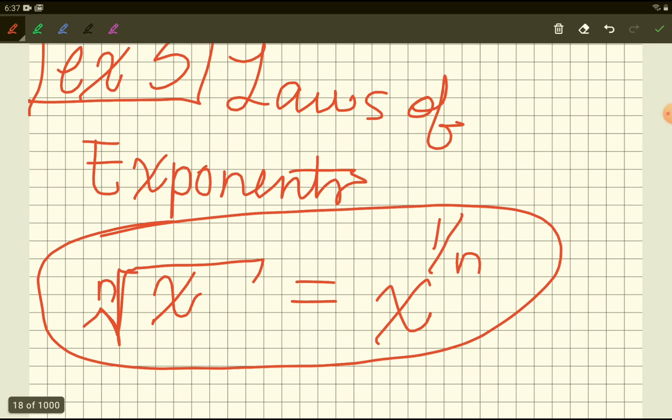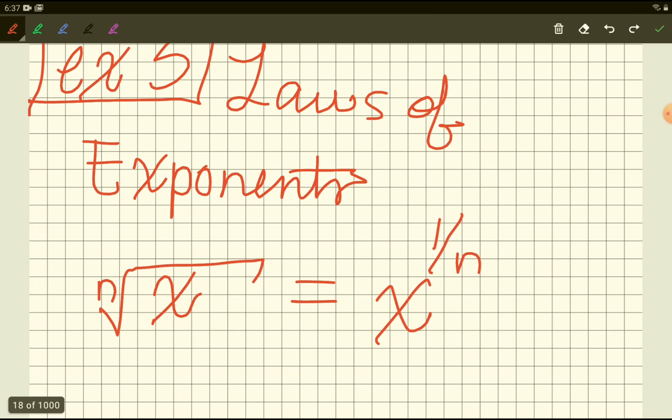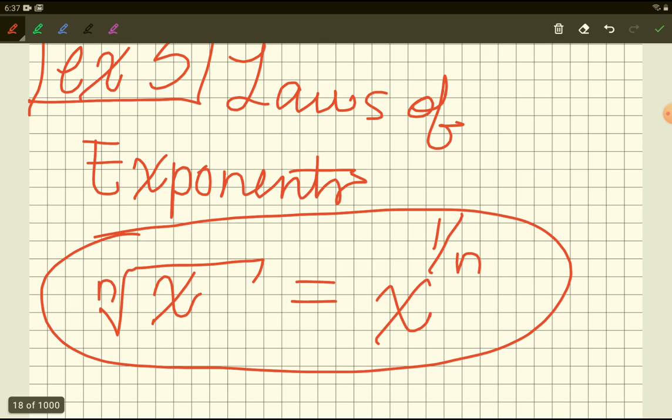So n could be whatever number, not just 2. If it's 2, that's a square root. That's a cube root.